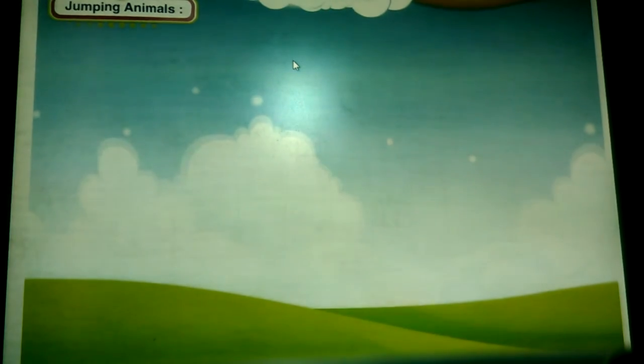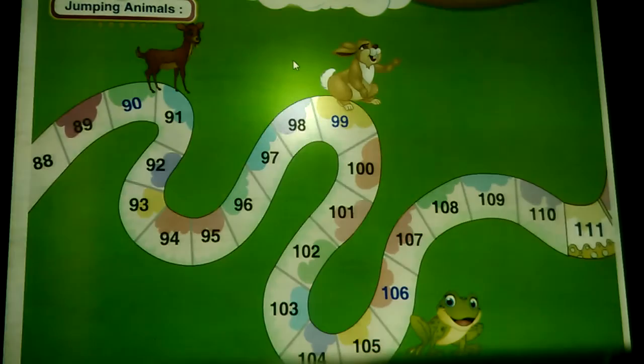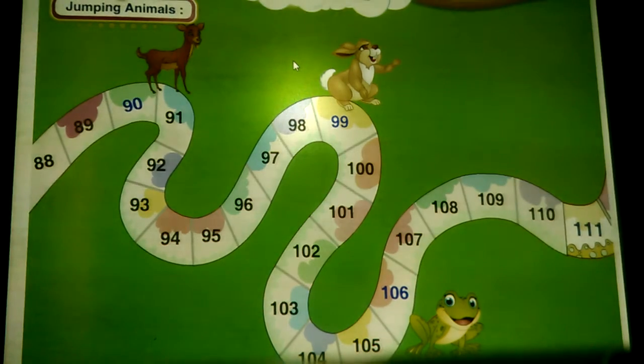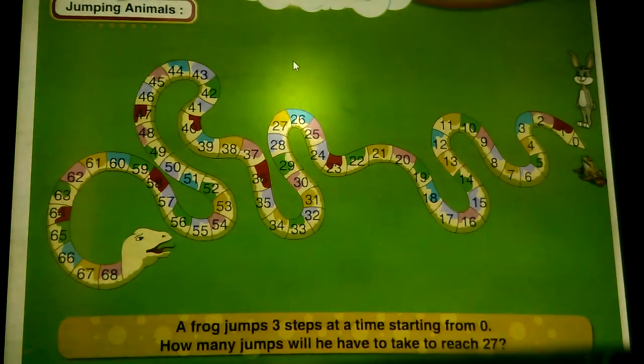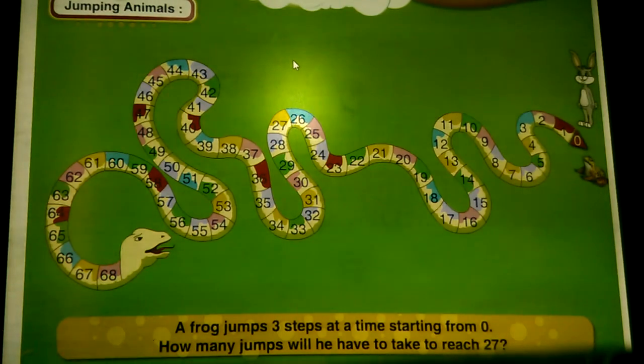Jumping animals. Do you remember the jumping animals in Mathematics book of class 3? A frog jumps 3 steps at a time, starting from 0. How many jumps will he have to take to reach 27? Let's find out.